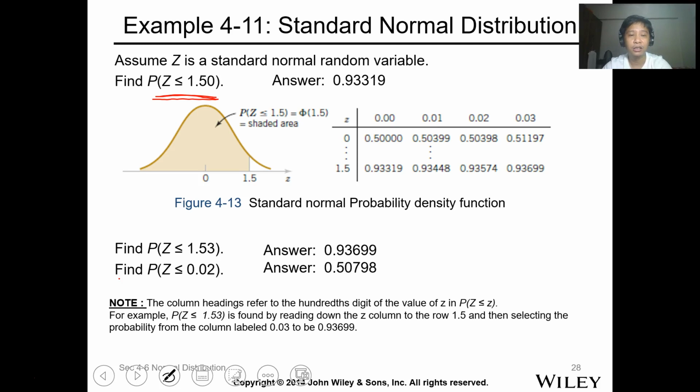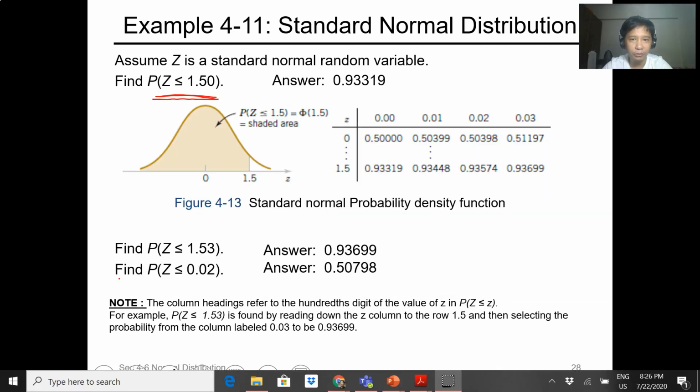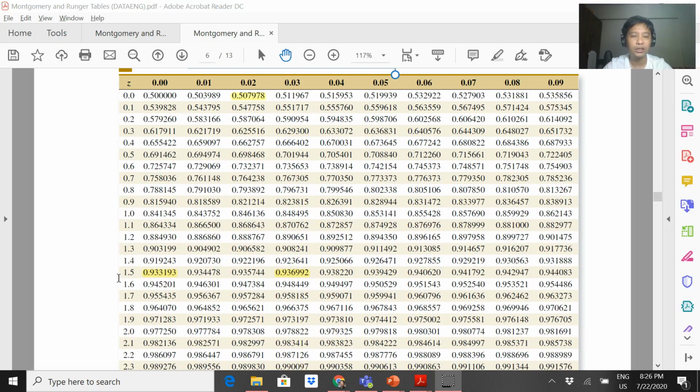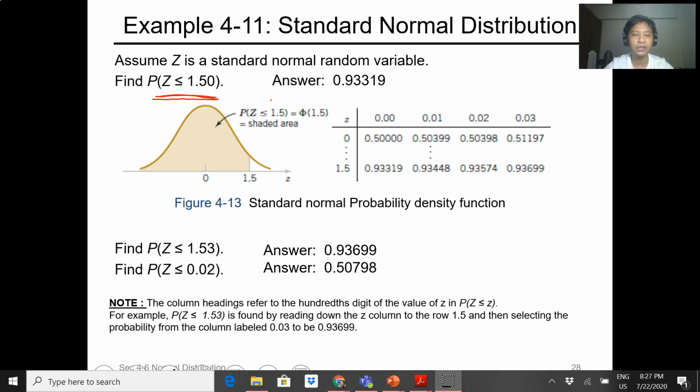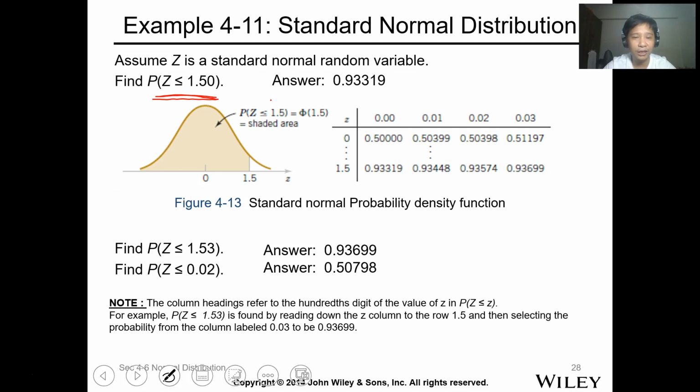And pag 0.002 naman, balikan nyo lang uli yung ating table, that's 0.002. Ito na siya, 0.5079. Okay, so that's how you utilize the table.